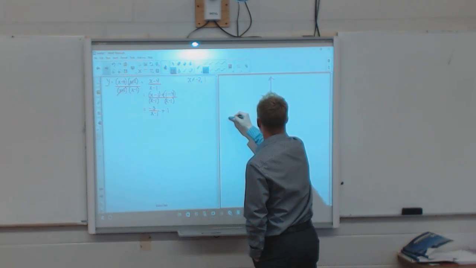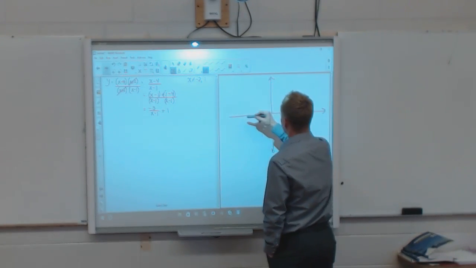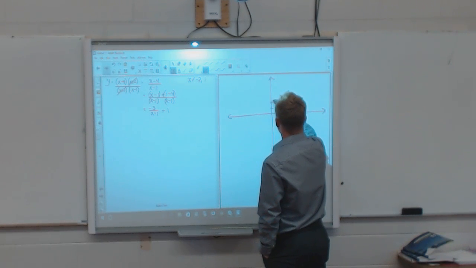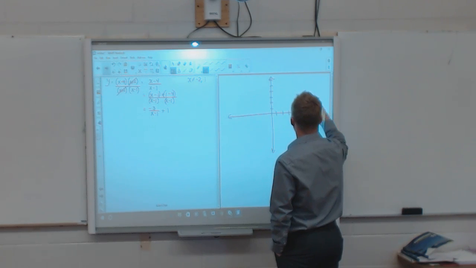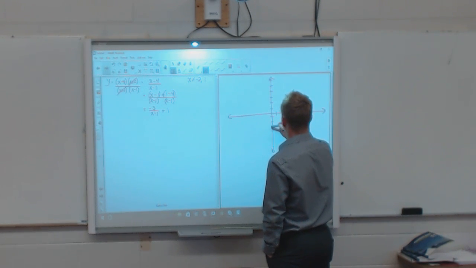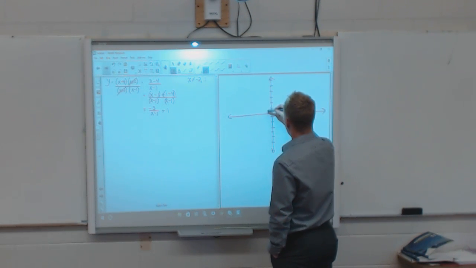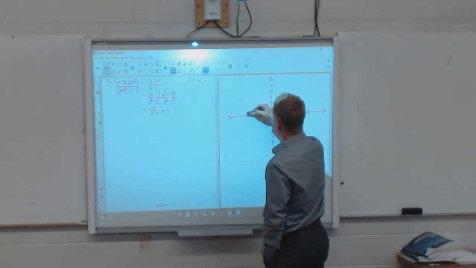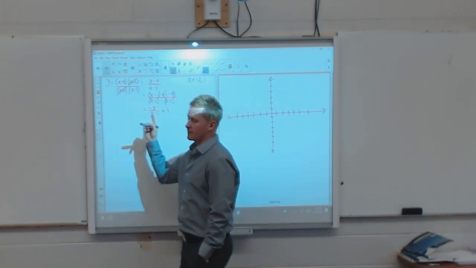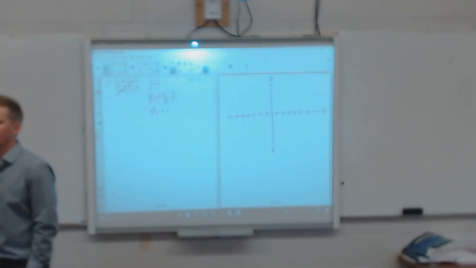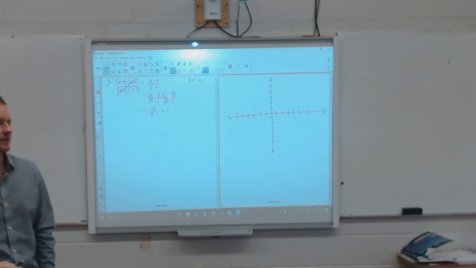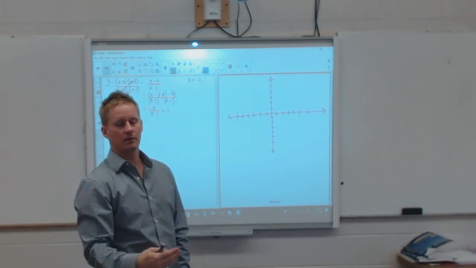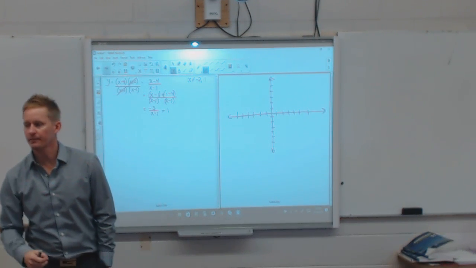What's the one thing I added to this graph that we haven't seen yet? What's special about that equation that we haven't done yet? It's negative, so we have to flip it over that axis, right?